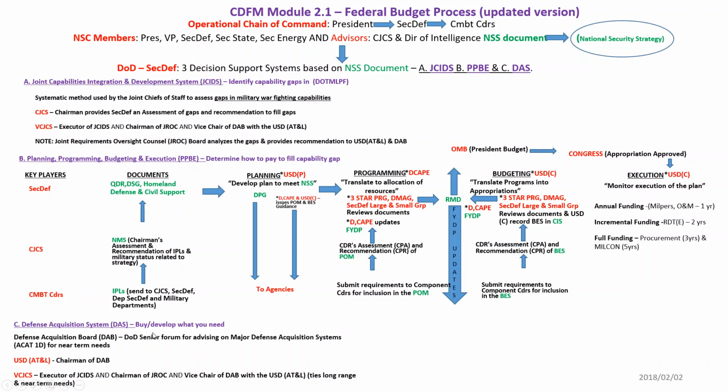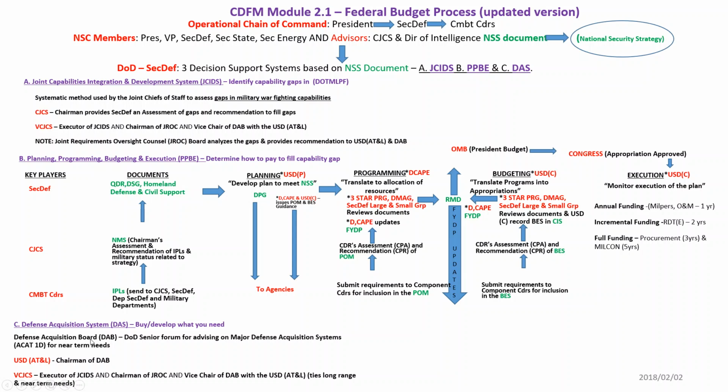So remember what I said, what triggered the acquisition system is back up here. If when the JROC is doing their analysis and they determine that the capability gap can be filled with a material solution, then it triggers the acquisition system.